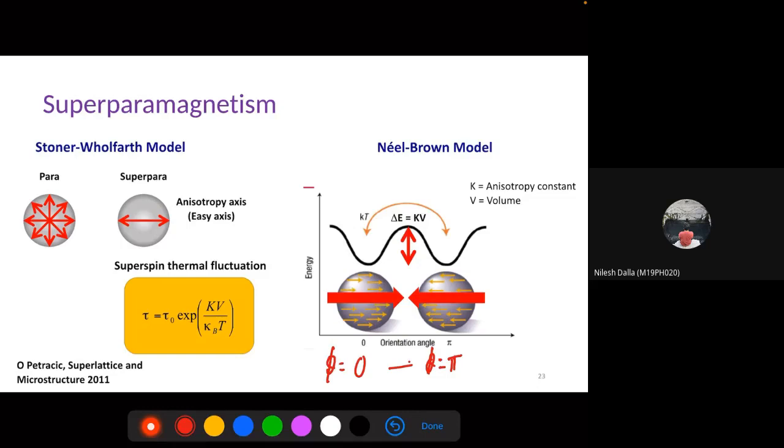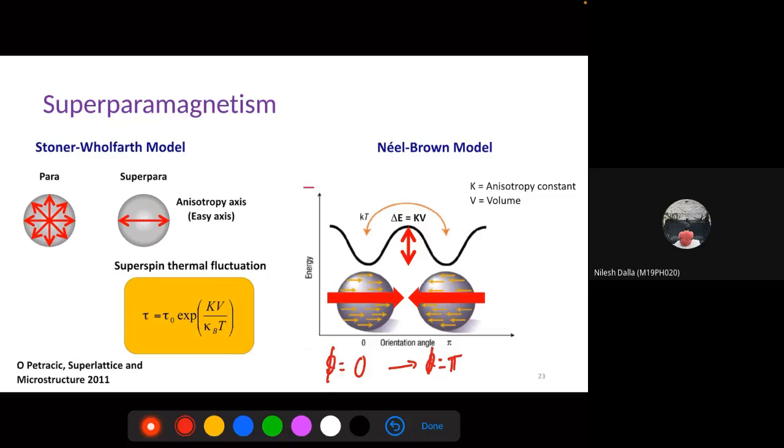Sometimes it also happens, and this is also a possibility, that we have a particle in a fluid, in a solvent or in a solution. The magnetization axis is pointing along a certain direction, and then the whole particle will rotate. It is a mechanical rotation of the particle, and then the magnetization will go to the angle pi. Of course it is random, for one of the particles.